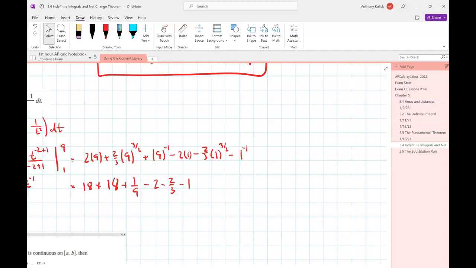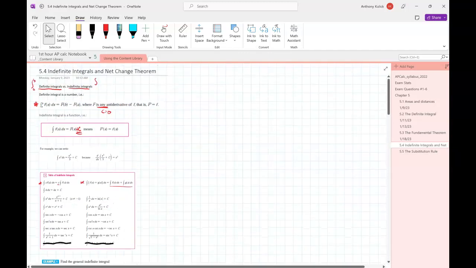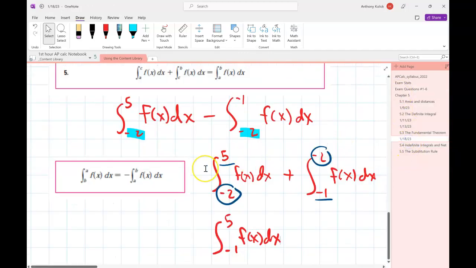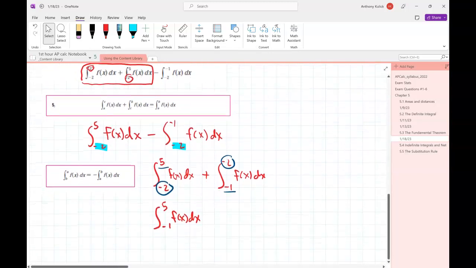Certainly there'll be stuff for the homework quiz that you would need memorized, like you need the list of antiderivatives memorized. That shouldn't be a big deal because they're the same things that we did in chapter 4. You'd probably need the rules we did this problem with: that if you flip the upper and lower bounds it makes the integral negative, or that you can piece 2 integrals together into 1 integral by breaking it at a common upper and lower bound.